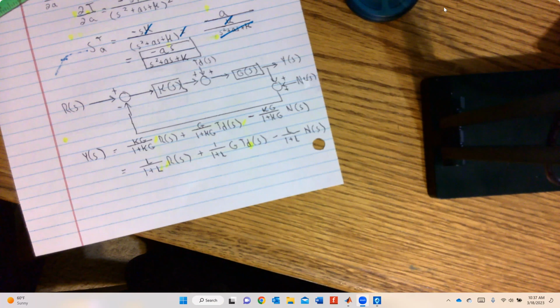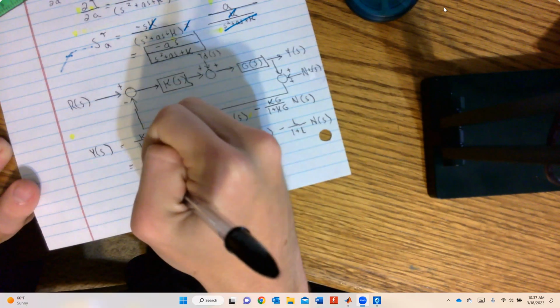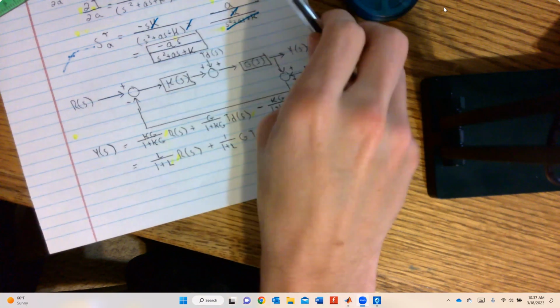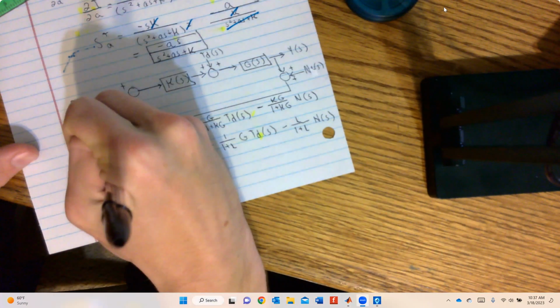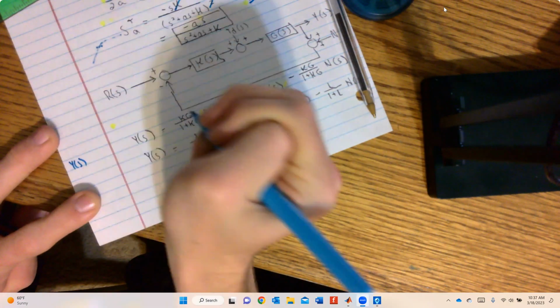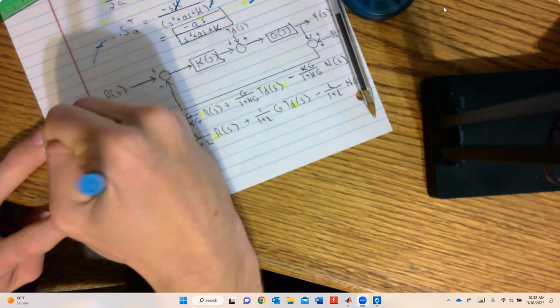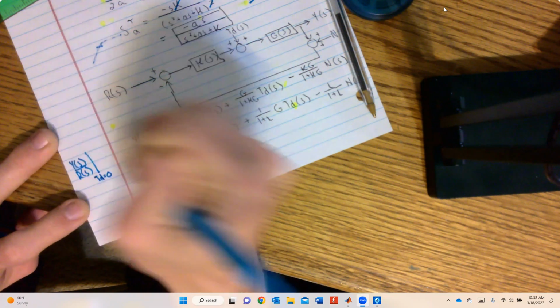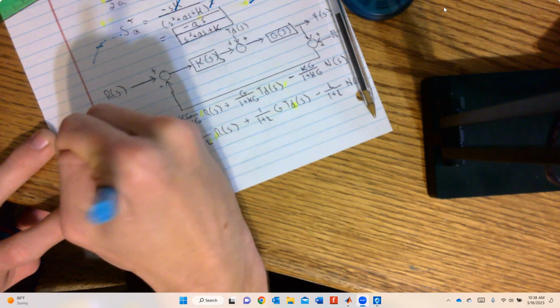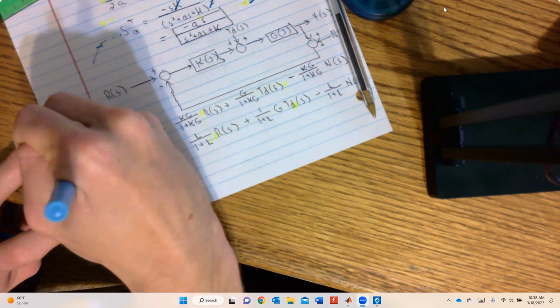So your Y of s over R of s, when your TD equals 0 and your noise equals 0, you're just going to get L over 1 plus L. So that's your transfer function, the output over the input.